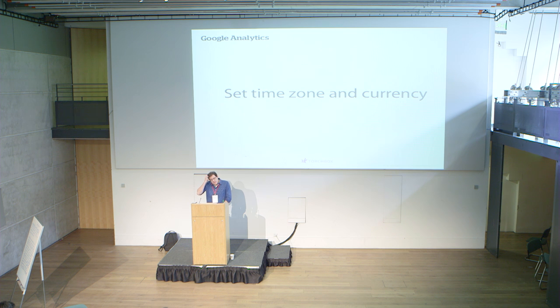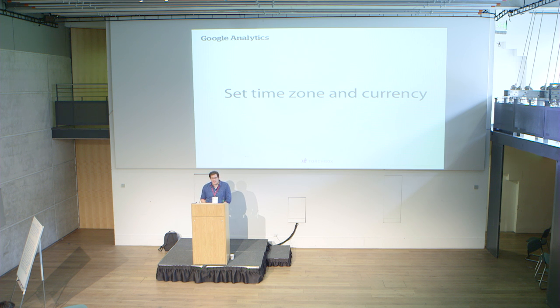Another thing which is sometimes neglected is setting the time zone and currency for each view in your Google Analytics account. The default is to set it to US Pacific time, so that's 8 hours behind us. And that will matter if you're going to be optimizing your AdWords campaigns based on times of day, or you're reporting on when you launched a campaign, you want the date and the time to match up with the time in your own location.